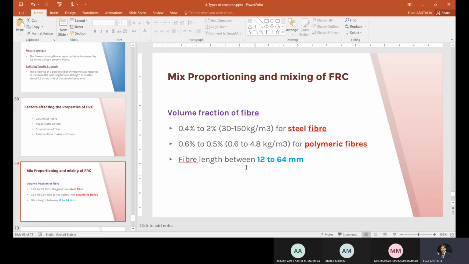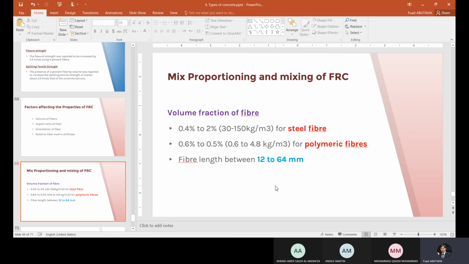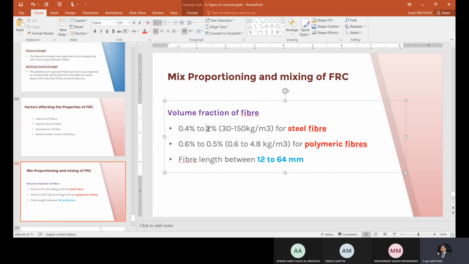The maximum volume of fibers, as I said, is 2% for steel fibers. So there is a range for each type of fiber, based on what is recommended by previous studies or by the standards. For steel fibers, the maximum is 2%, ranging between 0.4% and up to 2%.